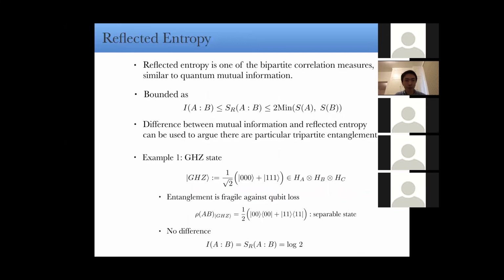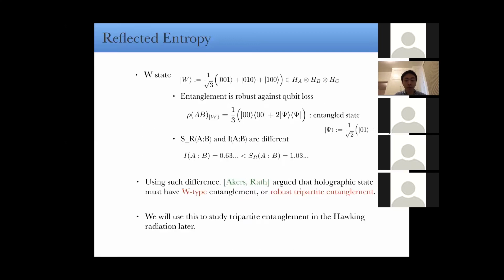Also, in both cases, GHZ state or W state, both of the states are symmetric. It's equally entangled with each other. You could trace out A or B as well, and it gives the same result. Does that answer your question? Oh yeah, I think it does. Thank you.